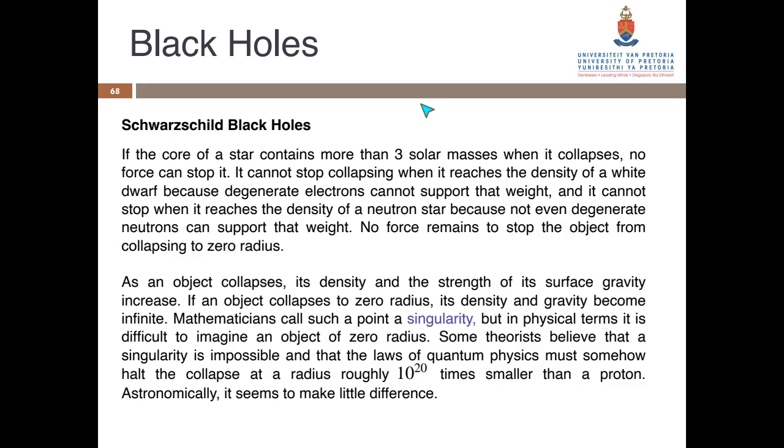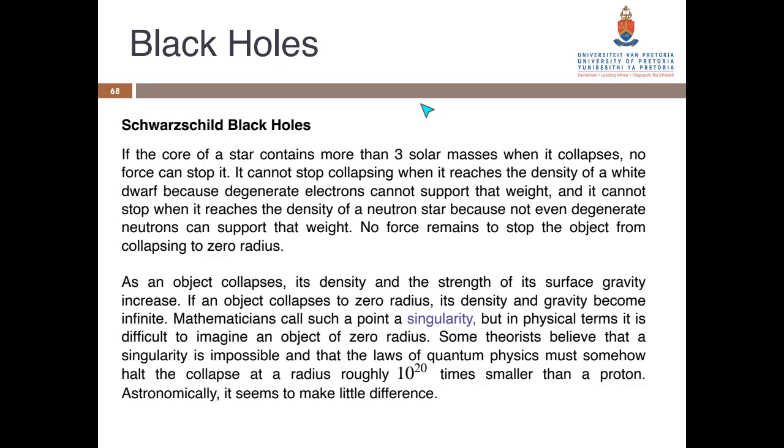It cannot stop collapsing when it reaches a density of a white dwarf, because degenerate electrons cannot support that weight. And it cannot stop when it reaches the density of a neutron star, because not even degenerate neutrons can support that weight. So no force remains to stop the object from collapsing to 0 radius.